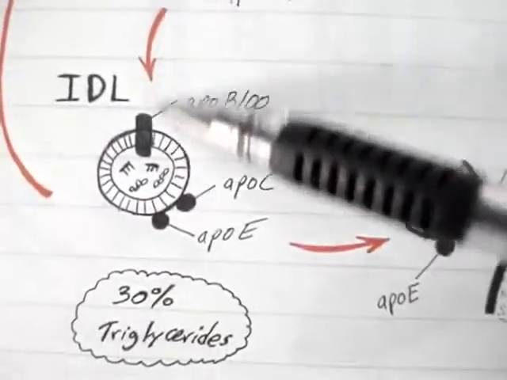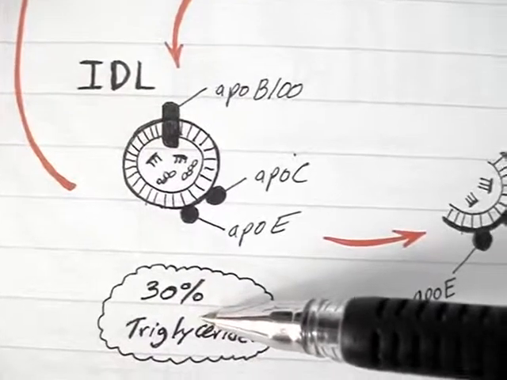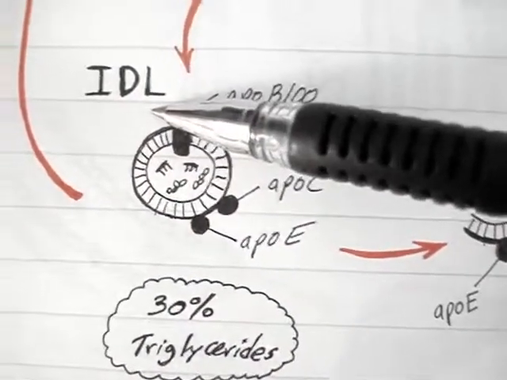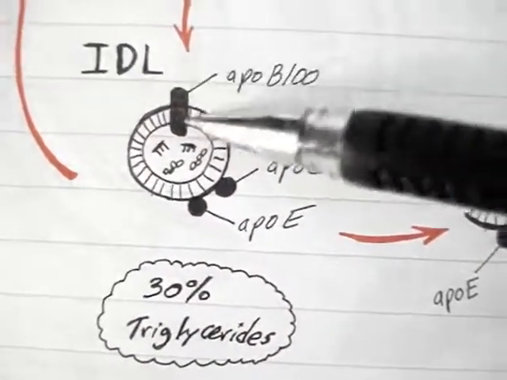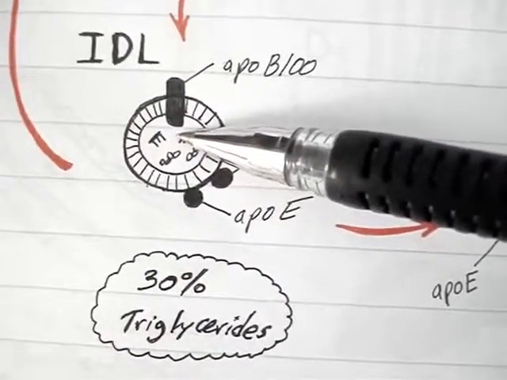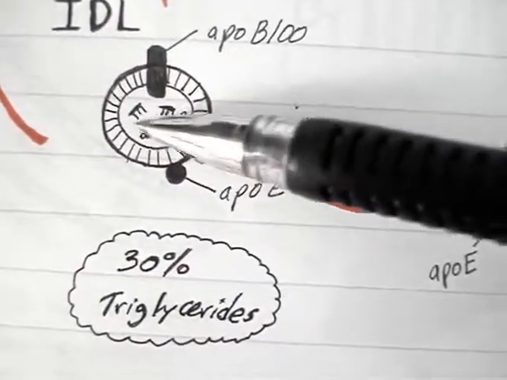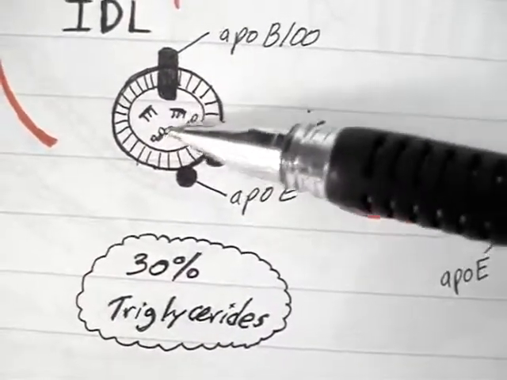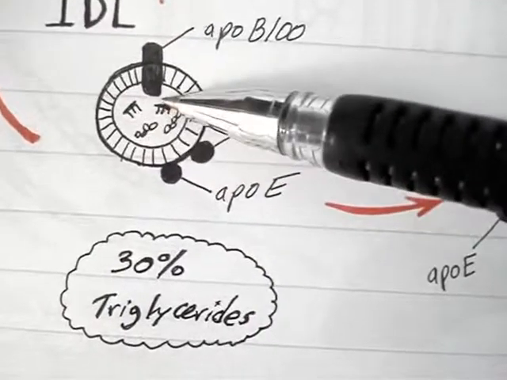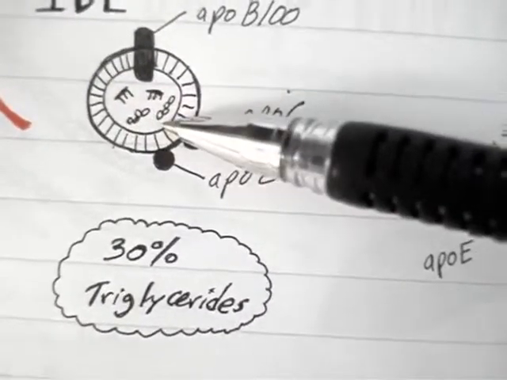When its triglyceride level reduces to about 30%, the VLDL is now called IDL, intermediate density lipoprotein. So IDL has less triglycerides than VLDL, but it has more cholesterol esters than VLDL because there is a decreased percentage of its content as triglycerides, and therefore increased cholesterol esters.